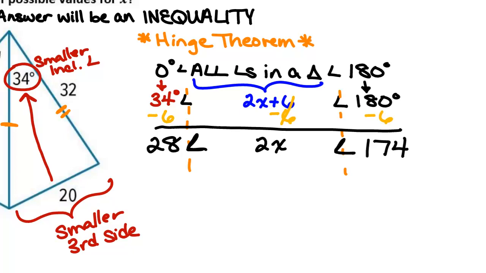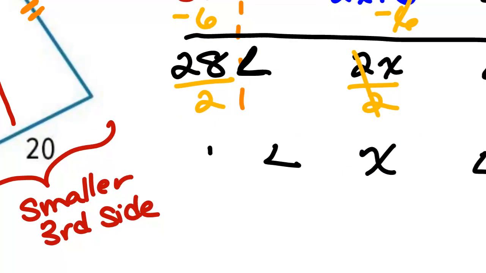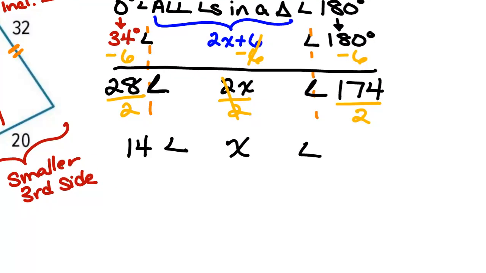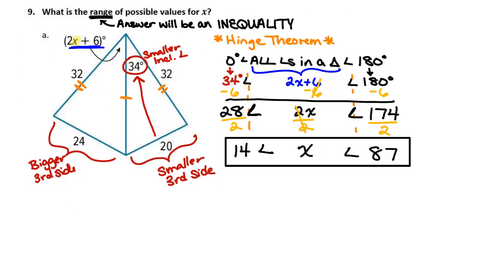And then we're going to divide everybody by 2 so that we can isolate x in the middle. So in the middle I have x and I have my inequalities on either side. What is 28 divided by 2? 14. And 174 divided by 2? 87. So x has to be some number in between 14 and 87.